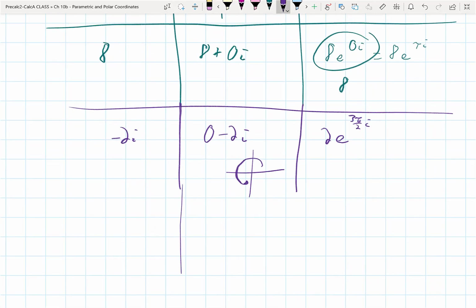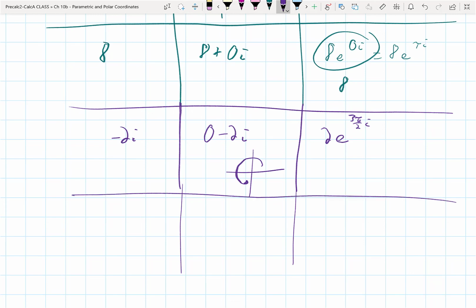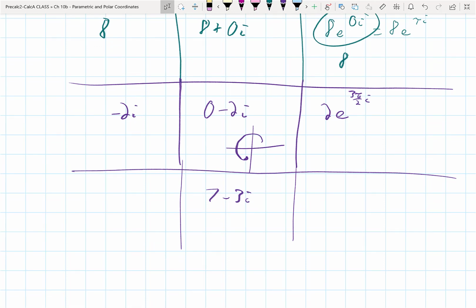And finally, let's convert two in different directions. Let's go 7 minus 3i. Now I have to think about where this is. This is going to be a little tricky. The radius would be equal to the square root of 3 squared plus 7 squared. So that is 49 plus 9, or 58. So this is root 58, which doesn't simplify. The theta would be equal to, well, I would really want to track where that is.